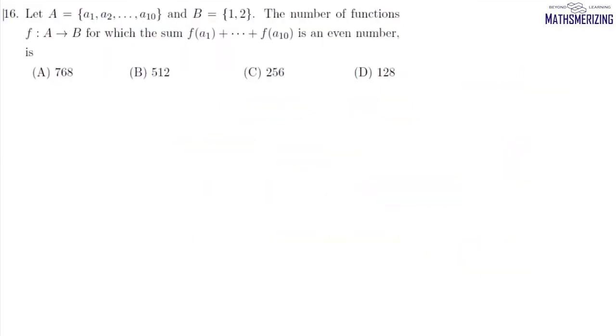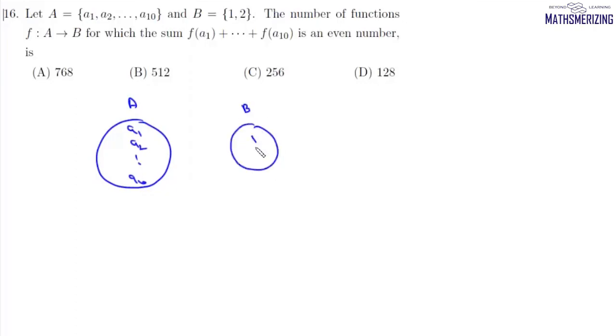Now question number 16 is, let A be the set containing 10 elements, A1, A2, up to A10, and B is the set having only 2 elements, 1 and 2. Now it says we need to find the number of functions defined from A to B such that the sum of f(A1) up to f(A10) is an even number.